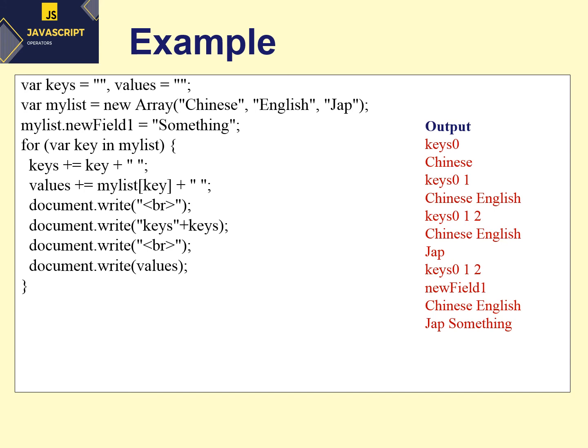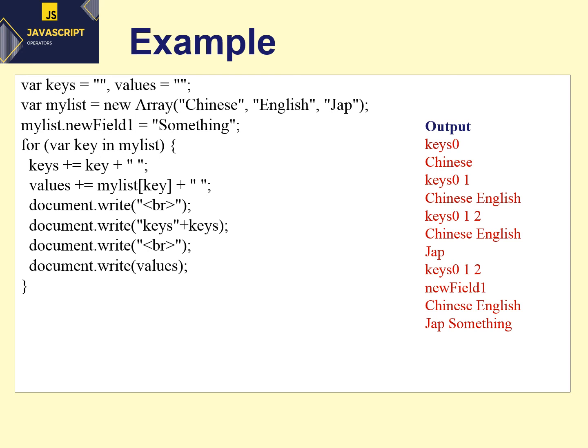Then values plus equal to mylist of key. Mylist of key means mylist of 0, and mylist of 0 has the value Chinese. Then document.write of a line break. Then after that, document.write of keys. In addition to keys, the corresponding value should be printed.